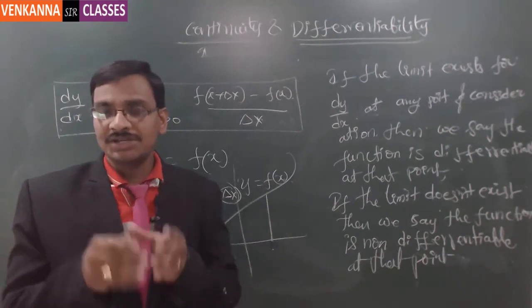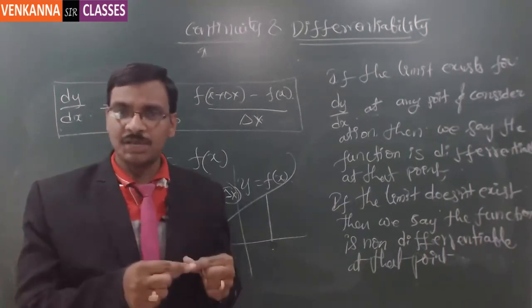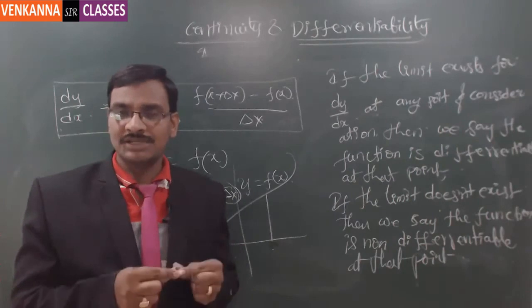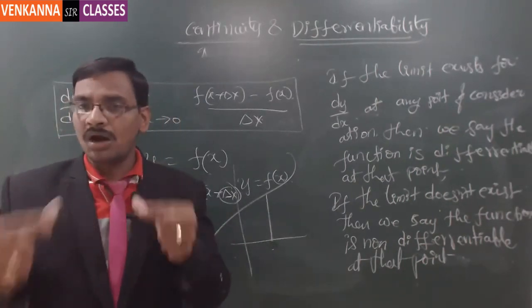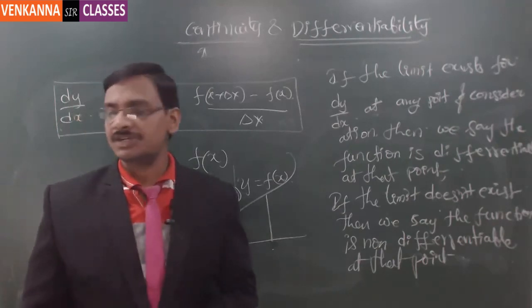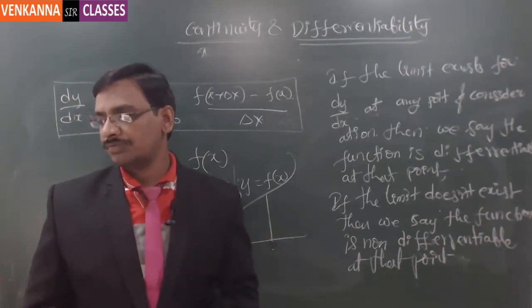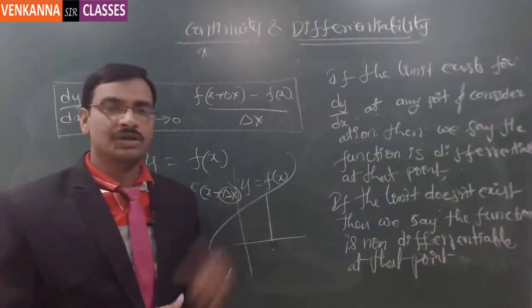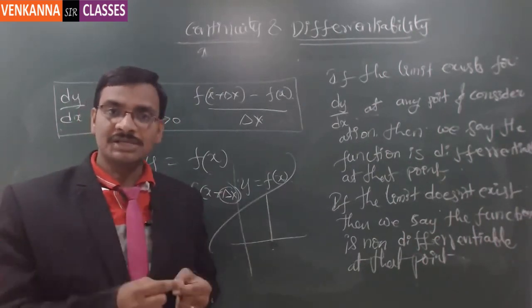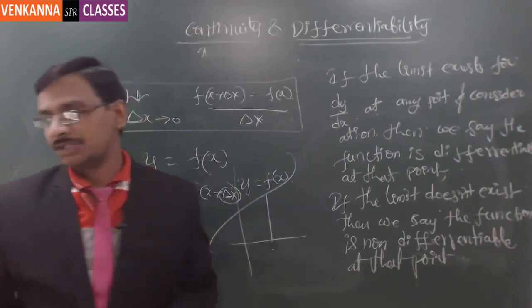So that deviation is nothing but the change. For the same change on this day versus for the same change after one day, is it exactly the same or different? That's what is nothing but the differentiability. Got it or not? If the regular process you are going to test, that is nothing but the continuity. If the changes you are testing, that is nothing but the differentiability. Got it?